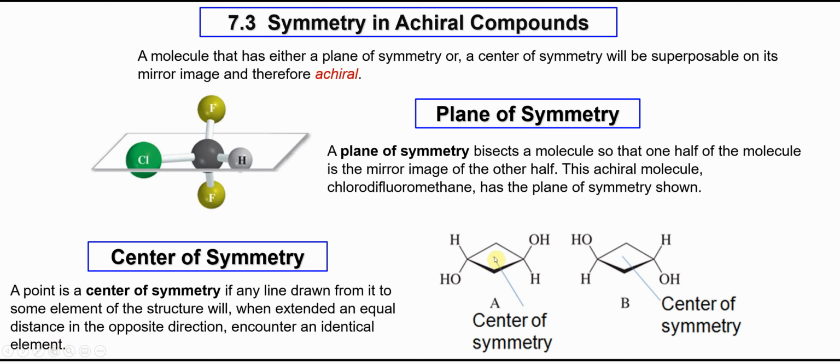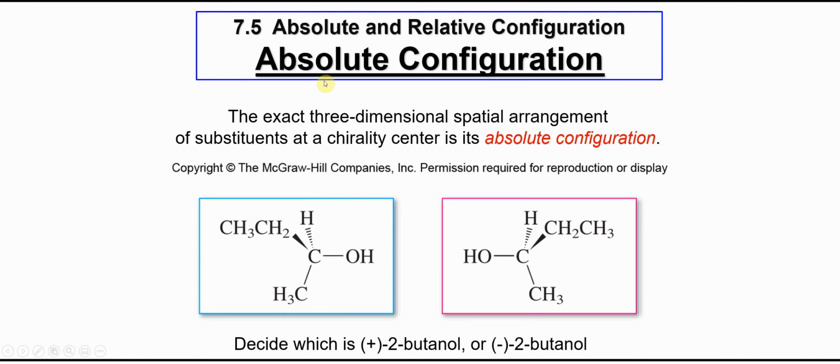For example, from this center I draw a line towards this, you encounter a carbon, and then you draw another line, you encounter another carbon. These two carbons encounter an identical element, carbon. The distances from that center to the carbons are also equal. Therefore, under both circumstances, plane of symmetry or center of symmetry, if the molecule has either of them, that molecule is an achiral molecule.